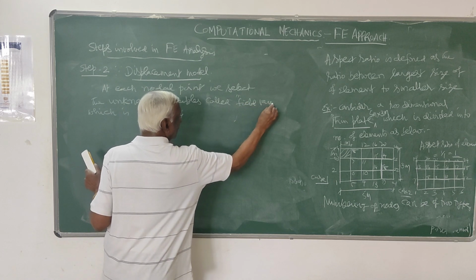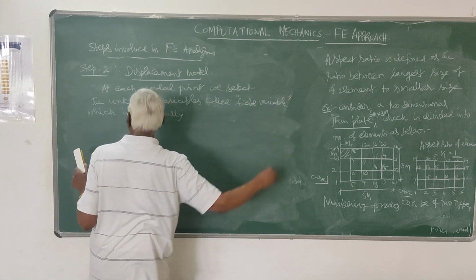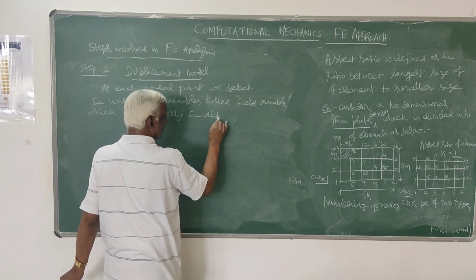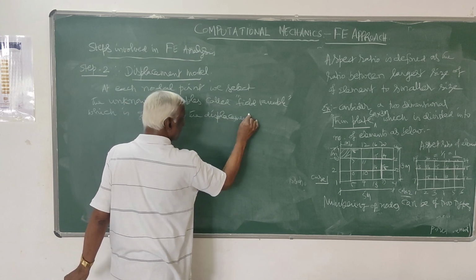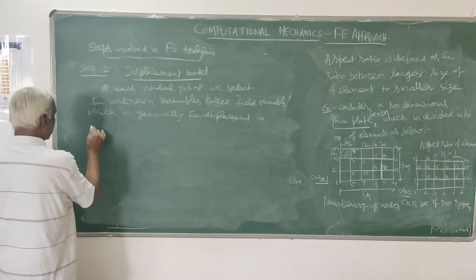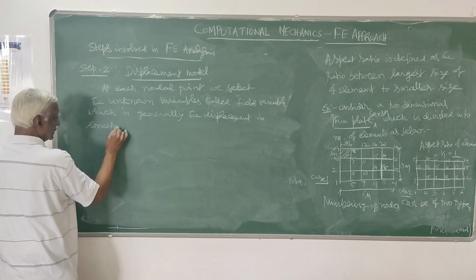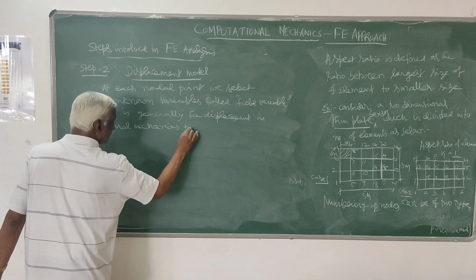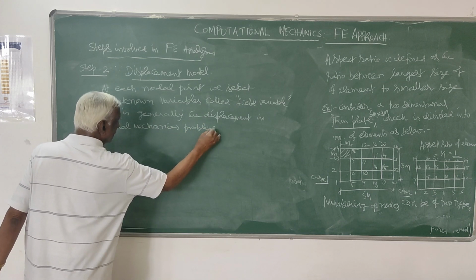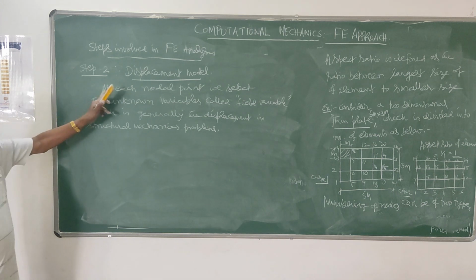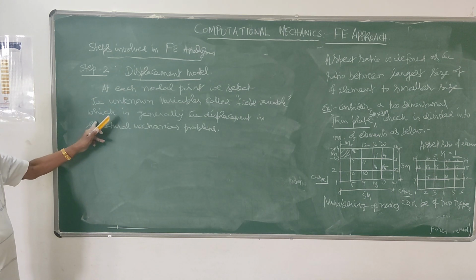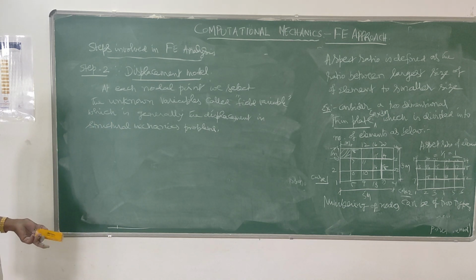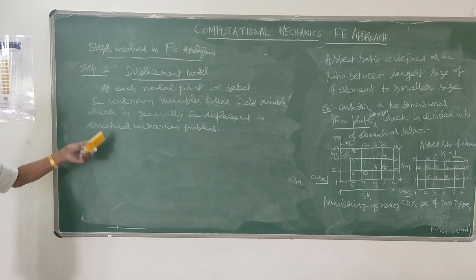Field variable, which is generally a displacement in structural mechanics problems. So at each nodal point we select an unknown variable called field variable in general, which is generally the displacement in structural mechanics problems. That is that.